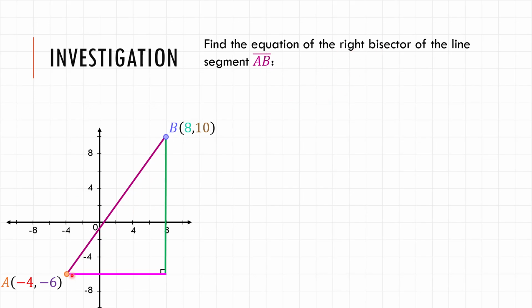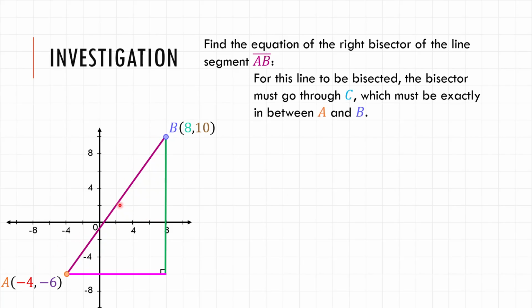It also is a right bisector, which means that it needs to meet the line perpendicularly at a 90-degree angle. So I do know that in order for this line to be cut in half, the bisector has to go through the middle, which is about here. I'm going to label that point C, and that's right in the middle of A and B.